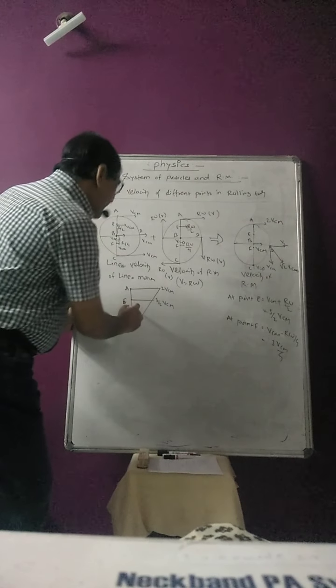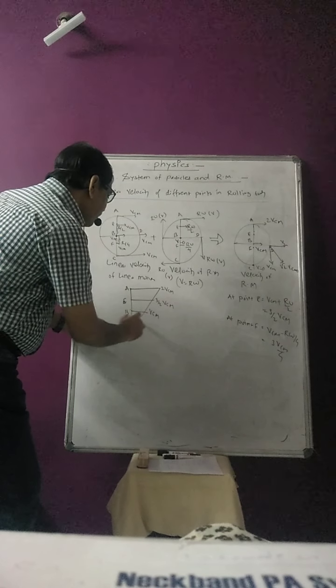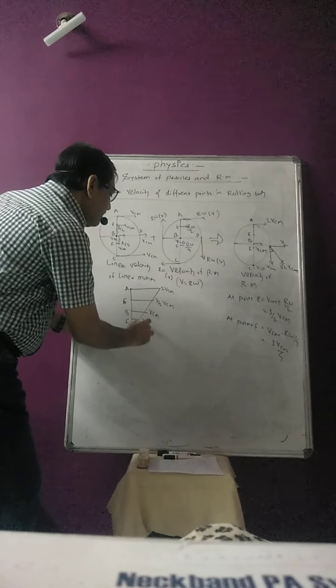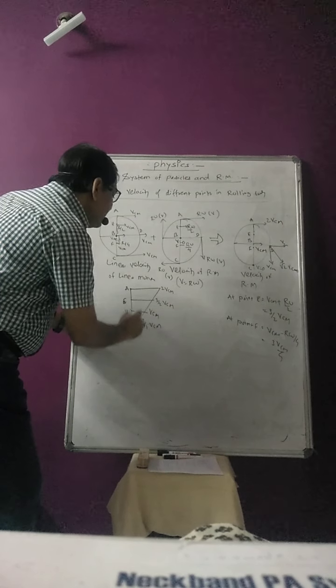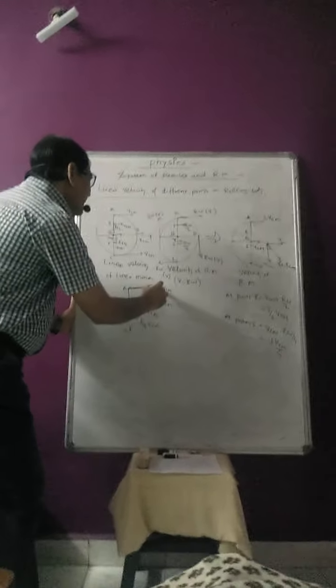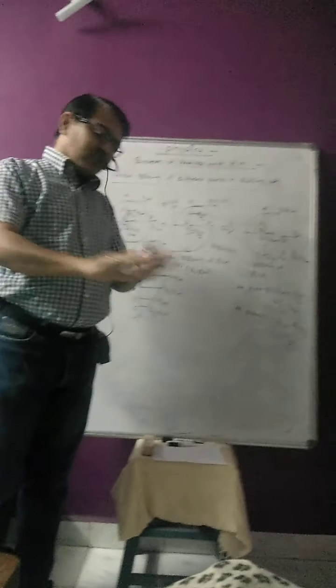At point B it should be VCM. At point F it will be 3 by 4 VCM, and at point C it will be 0. So this is the way the velocity will be there. These are the velocities at different points. We'll stop here at this point.